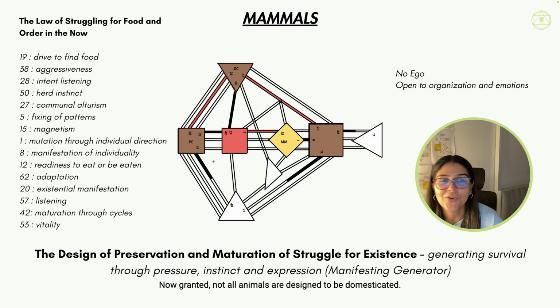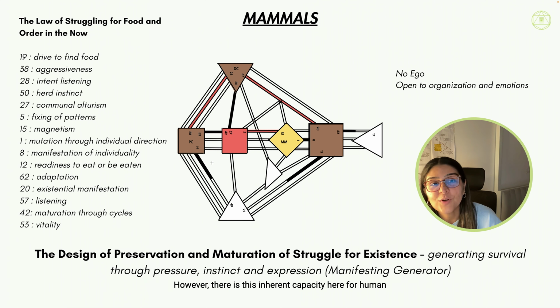Now, granted, not all animals are designed to be domesticated. However, there is this inherent capacity here for human beings and mammals to interact and to benefit each other.